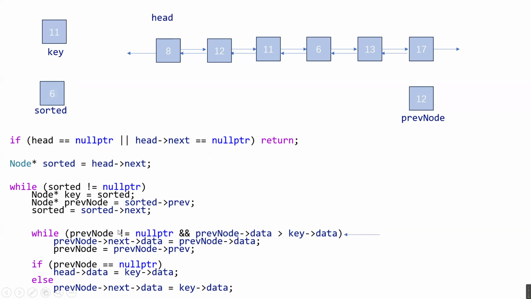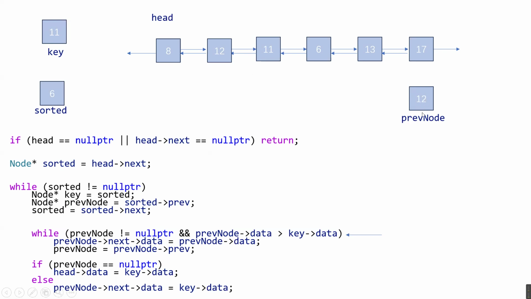And then the previous node is not a null pointer, right? And the previous node's data, the 12, is also greater than the key. So in this time step, what we do is just compare the current time step's element with the last element of the sorted sequence.